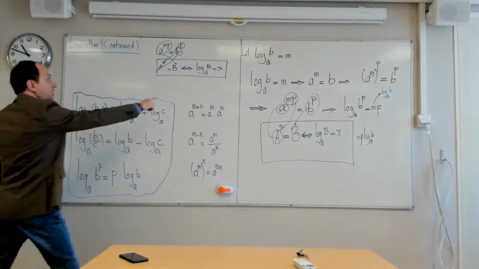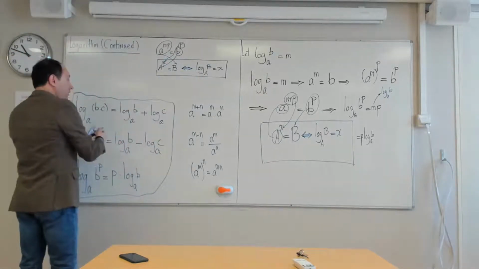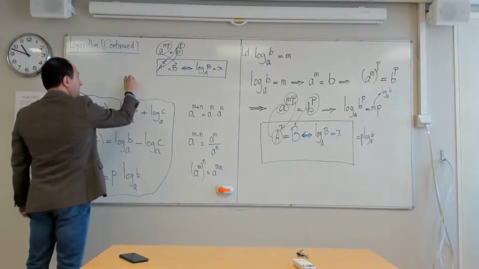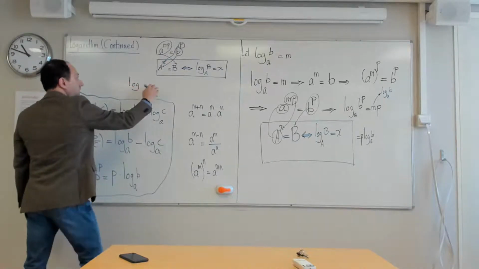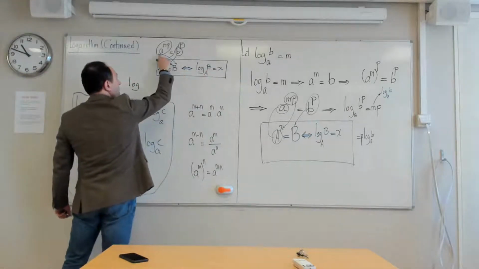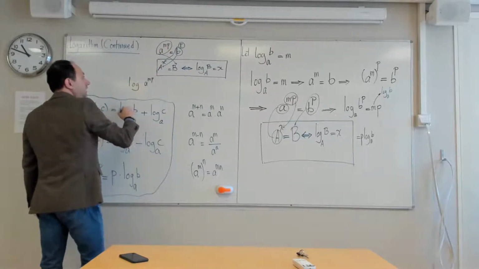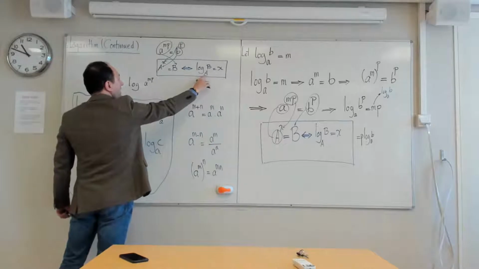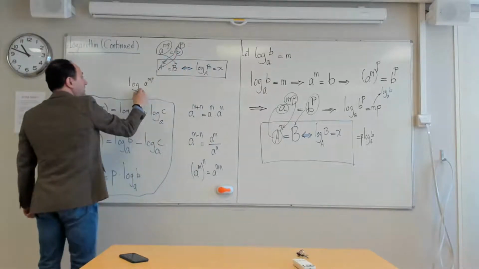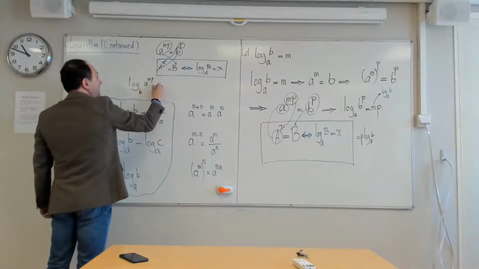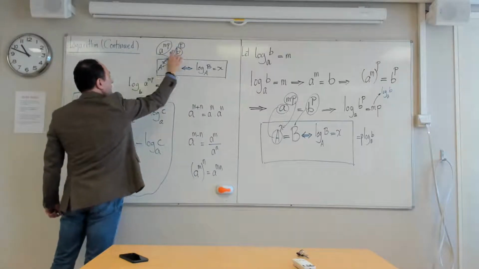And let me rewrite this equation again. So what I get is this. It becomes the log. Instead of b, I put a to the power mp. And instead of the base a, I put the base b. And instead of the answer, I put p.